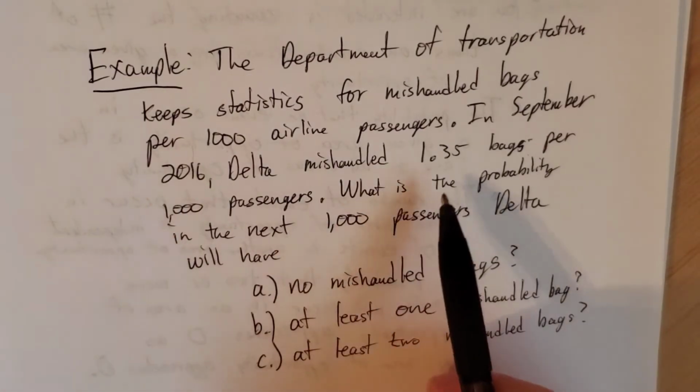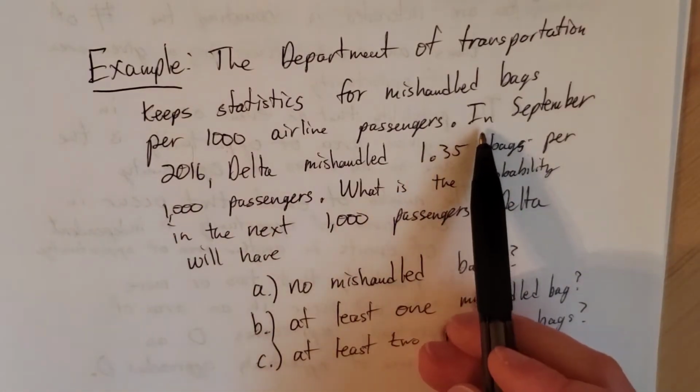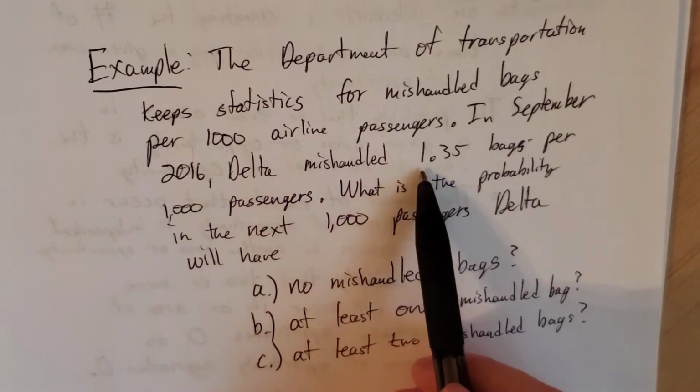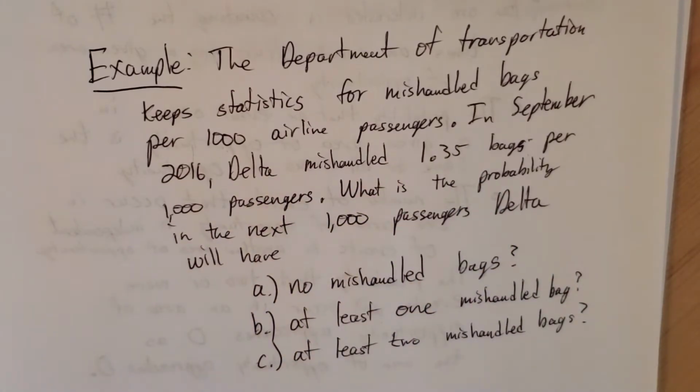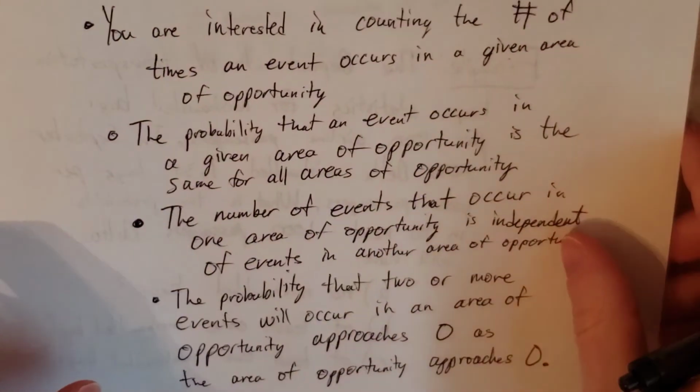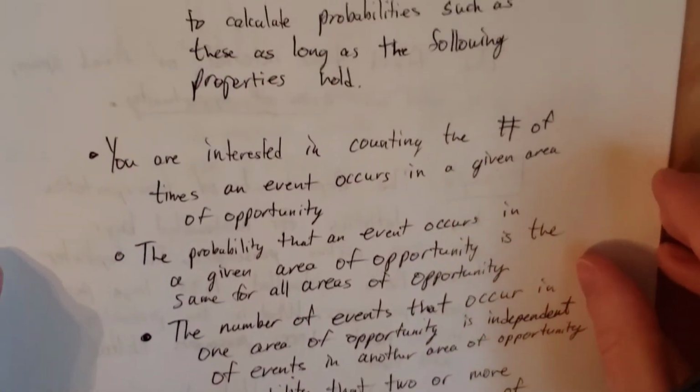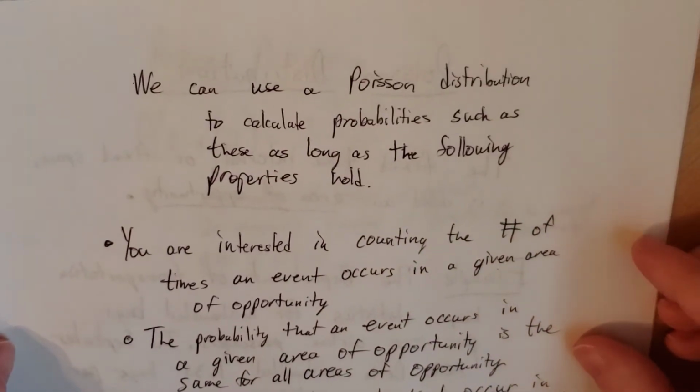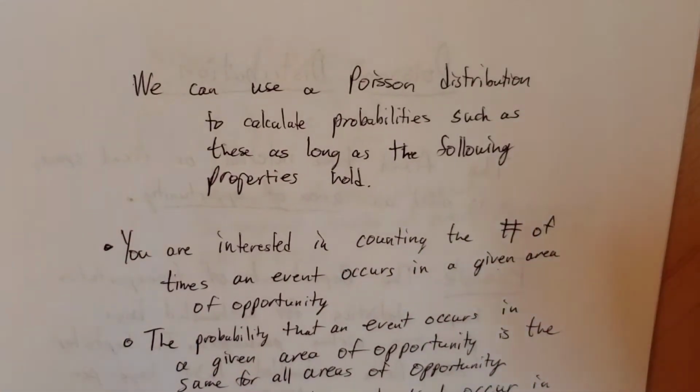On average, in September, Delta mishandled 1.35 bags per 1,000 passengers. But again, our area of opportunity was the 1,000 passengers. Okay, let's talk a little bit more about Poisson distributions so that we can attempt to solve this problem.